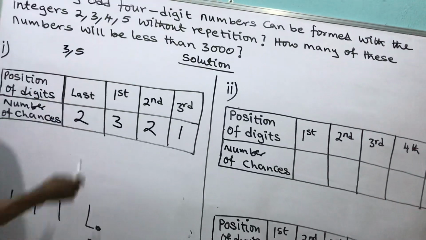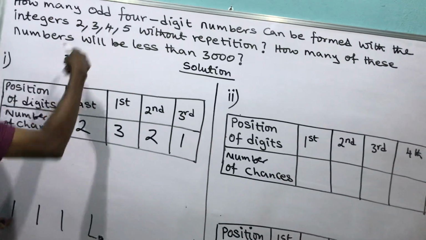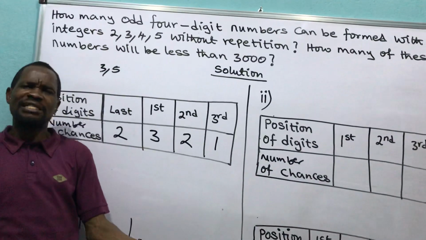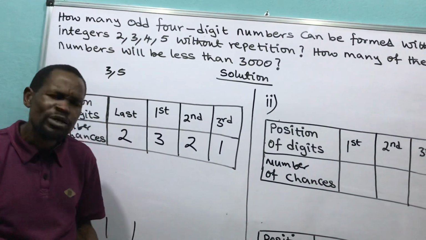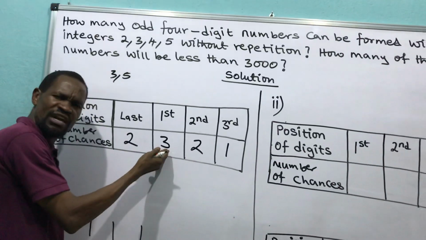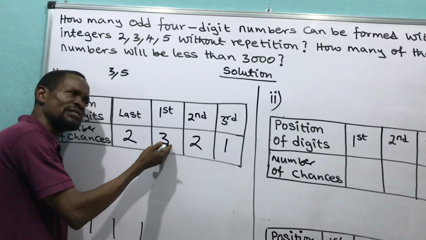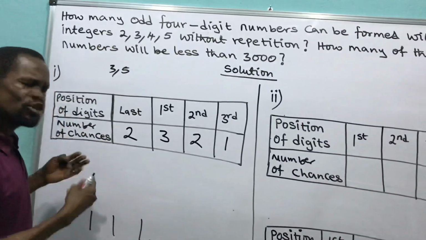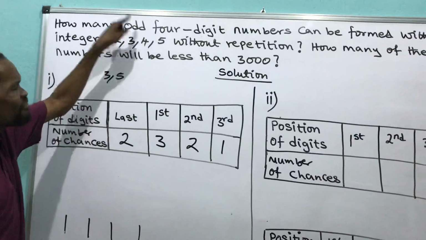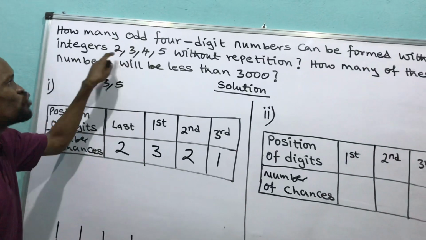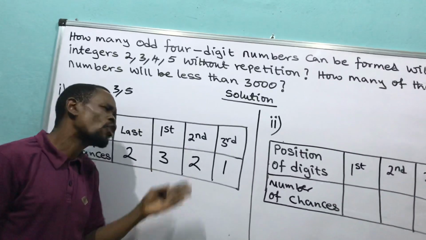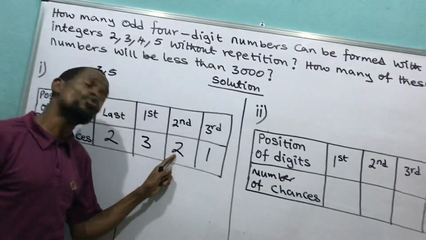Then the first digit, how many ways can we select it? 3 remain to be selected, 1, 2, 3, and all of them are entitled to be selected. That means I'm going to do it in 3 ways. After I have taken the first digit, the second digit is to be selected. After I have taken 1 out of the 3, it remains 2. That 2 is entitled to be selected in the second digit, which is 2 ways.